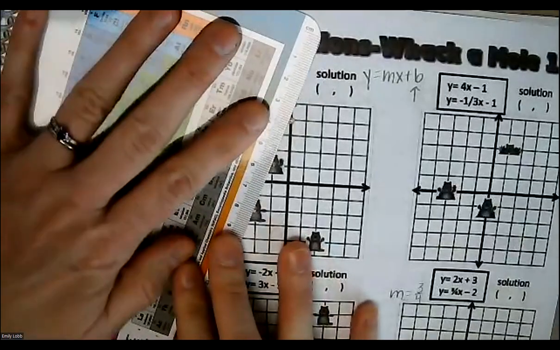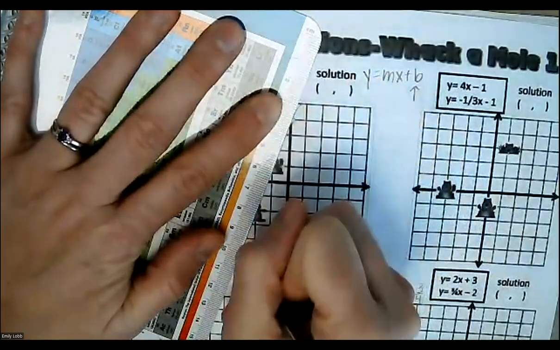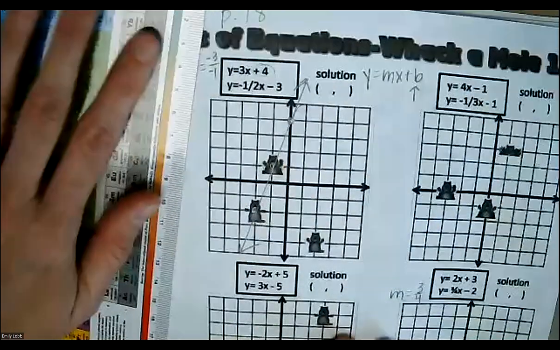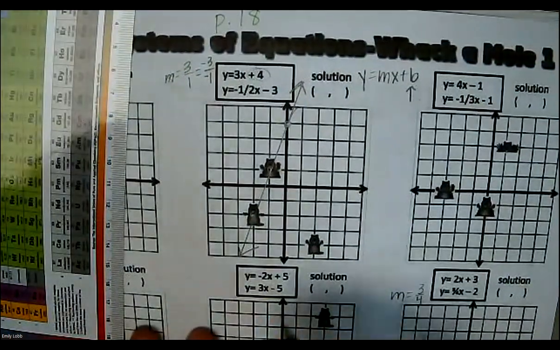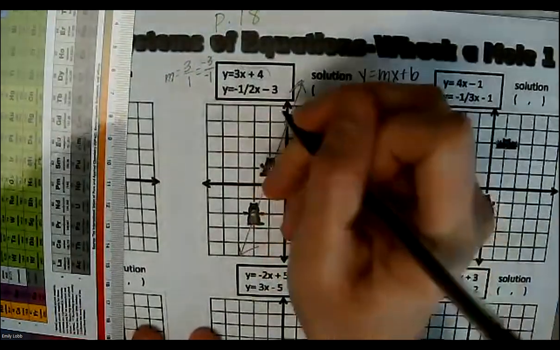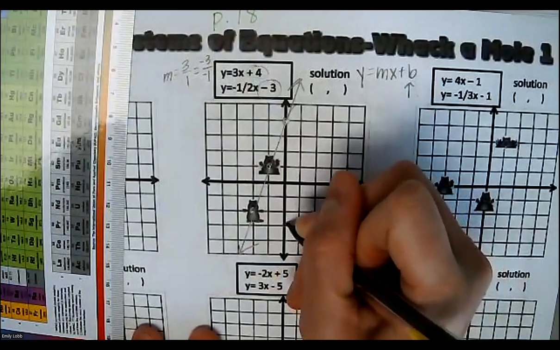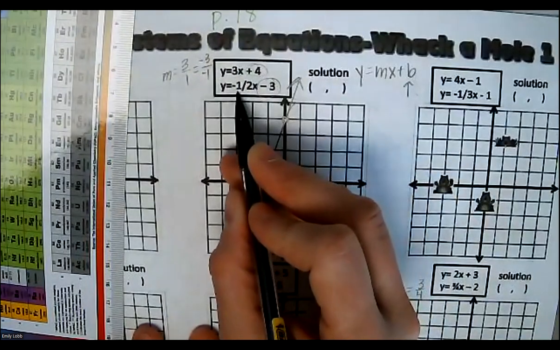All right. So you have to be as accurate as possible so you can see where the two lines are going to intersect. So there's our first line. We're going to do the same thing with the second line. We're going to plot our y-intercept. So it's at -3. 1, 2, 3. And then our slope is -1 over 2.